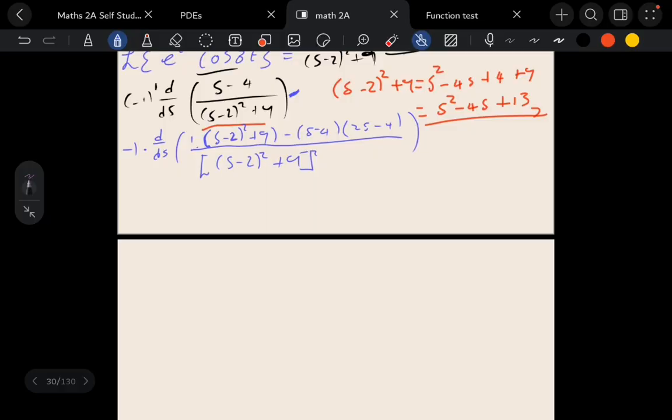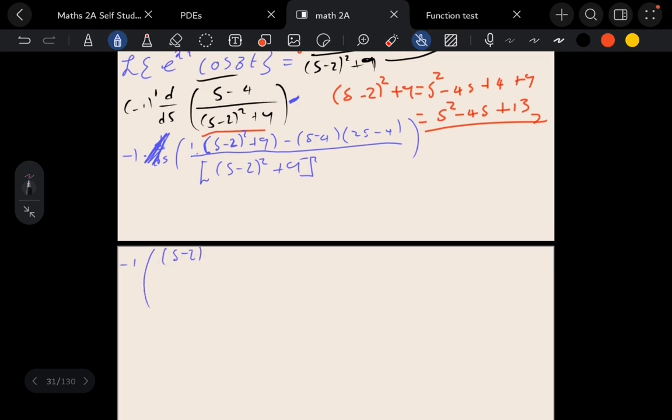Now we need to simplify this, so I'm going to have negative 1 in bracket, s minus 2 squared plus 9 minus 2 in bracket s minus 2, divided by s minus 2 squared plus 9 all squared.